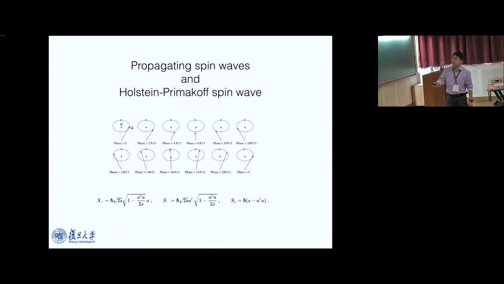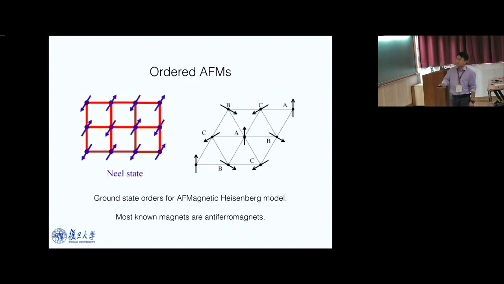There is a very simple mathematical transformation, called the Holstein-Primakoff transformation, to reparameterize the spin operator in terms of some hardcore boson language, and then you can mathematically compute the excitation spectrum associated with this magnetic state.